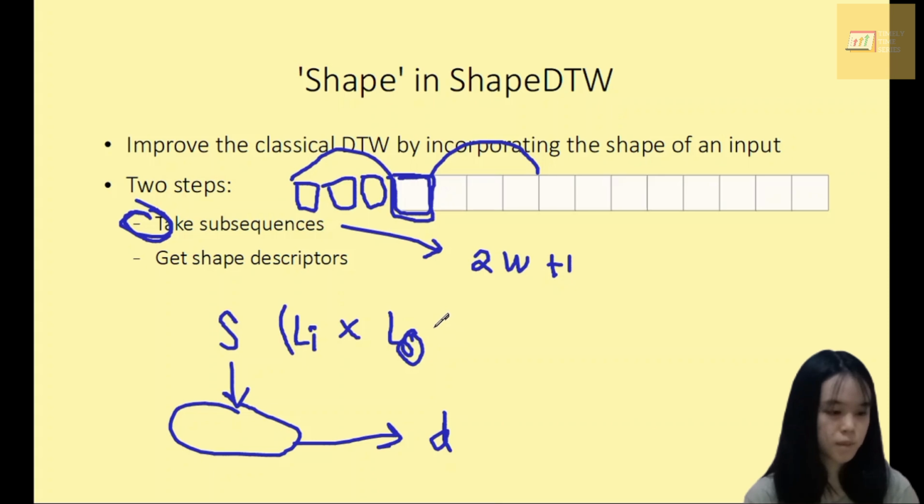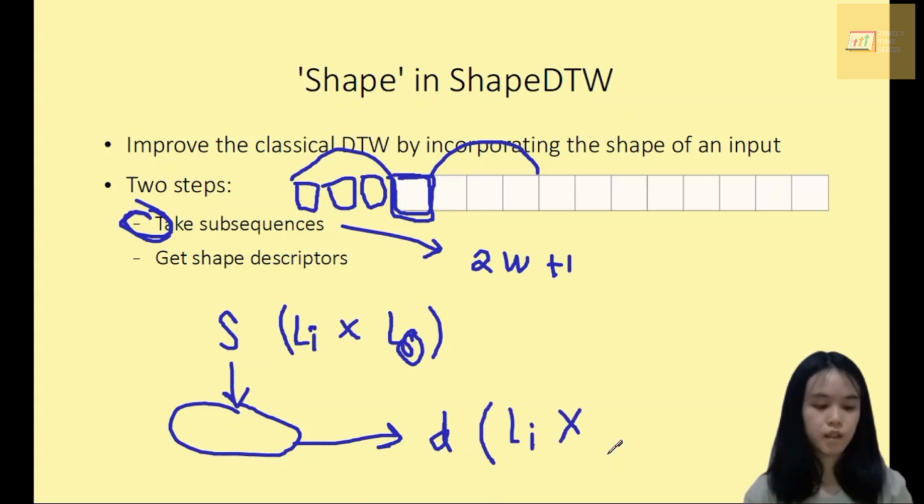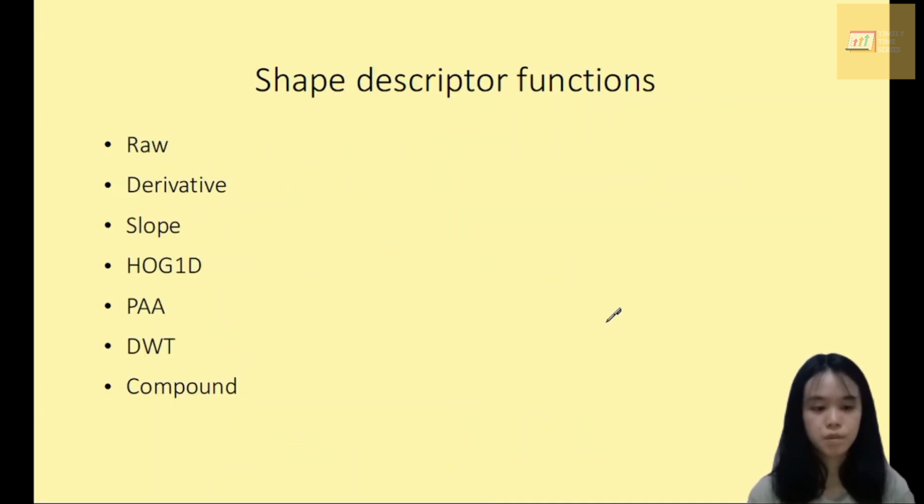So if S, subsequence arrays or subsequence matrix, has this dimension, the shape descriptors would have the dimension length of the input as the total rows, and then the total columns of shape descriptors depends on which descriptor function we apply. Okay, so I won't write anything here. There are several shape descriptor functions that we can take. The simplest one is raw, because that means we just take the raw input as its own shape descriptor.